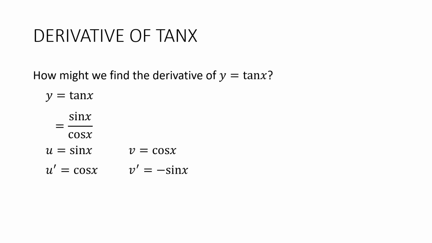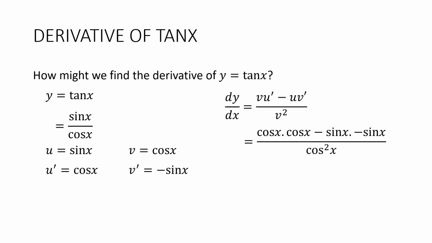U dashed is cos x, and v dashed is negative sine x. Now we just need to substitute into the quotient rule. So we're going to do v multiplied by u dashed, take away u multiplied by v dashed, all over v squared. So substituting it in, we get this.